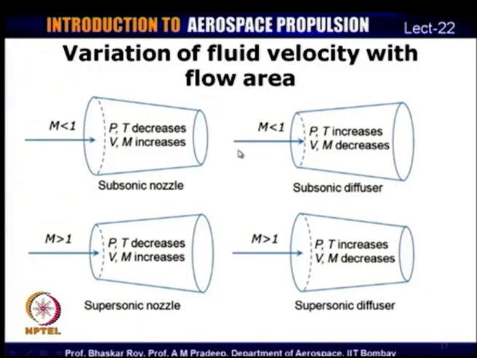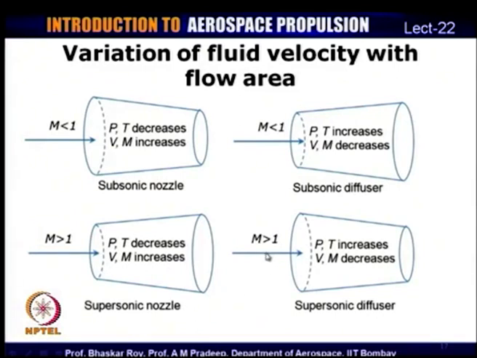If you look at the supersonic version of this, it is the exact opposite. If Mach number at the inlet is greater than 1, and we have to have an increase in Mach number along the length of the nozzle, area has to increase. So, pressure and temperature decrease, velocity and Mach number increase, and this is known as a supersonic nozzle.